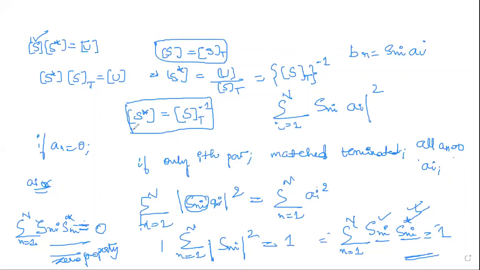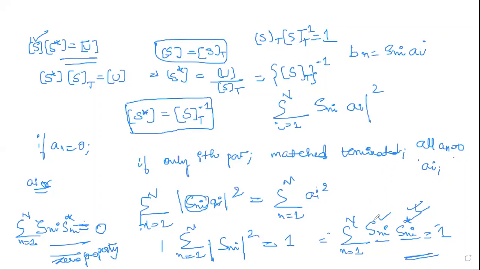One more is the S complex conjugate. By this you can prove that S and its complex conjugate give the unity matrix, which can also be said in terms of S transpose and S transpose inverse. From this you can also say that S transpose into S transpose inverse is equal to unity. This is the unity matrix which you can write in terms of matrix.